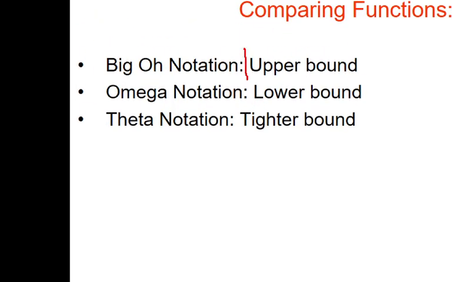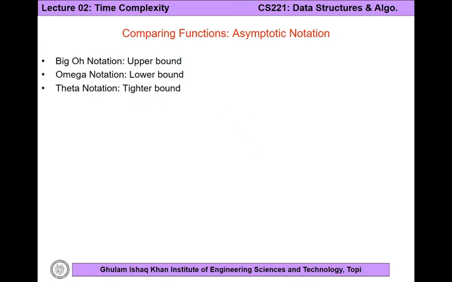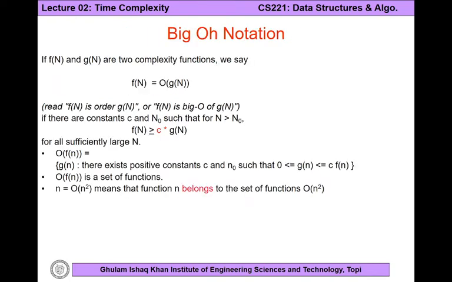But in this particular course, we will always be interested in big O, which shows the worst case of an algorithm, because if we improve the worst case, the upper bound or the worst case performance of an algorithm, its average and lower bound automatically get better in most of the cases, right? It's not guaranteed, but in most of the cases this happens.